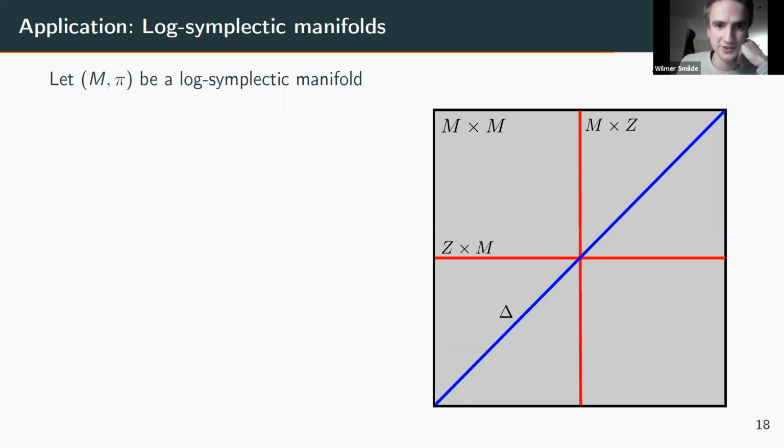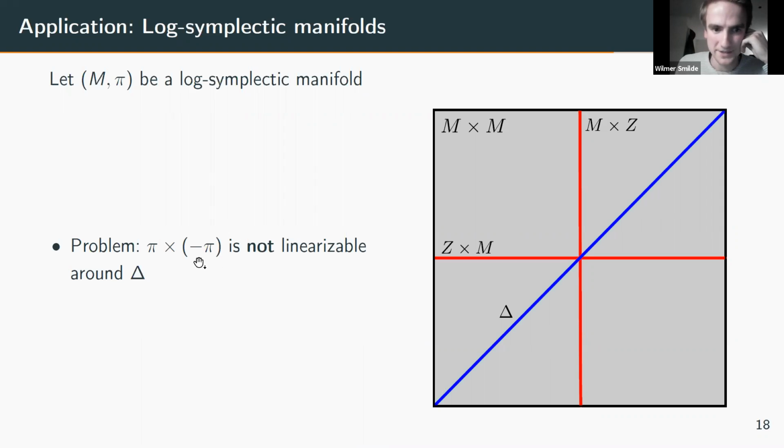So, well, let's try to build a groupoid structure. We look at a product, and we have the diagonal over here, and we immediately run into some trouble, because this product Poisson structure on M times M is never linearizable around the diagonal.